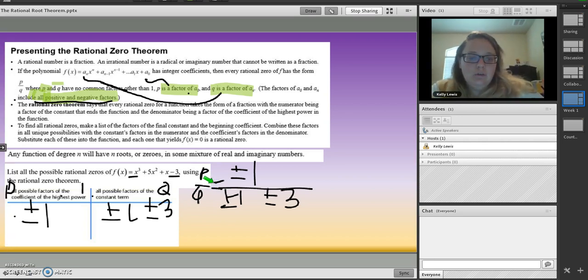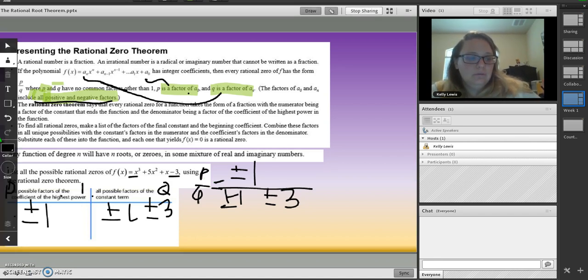Then you reduce. So we're going to do that divided by that. So that is 1 over 1, so we just get 1. And then we do that and that, and we get 1/3.